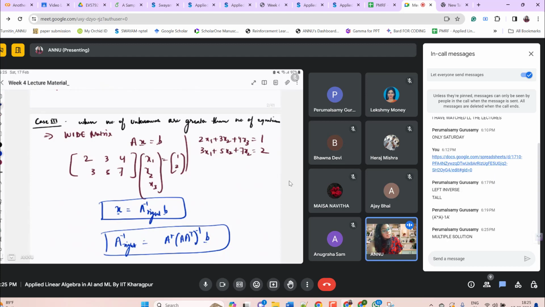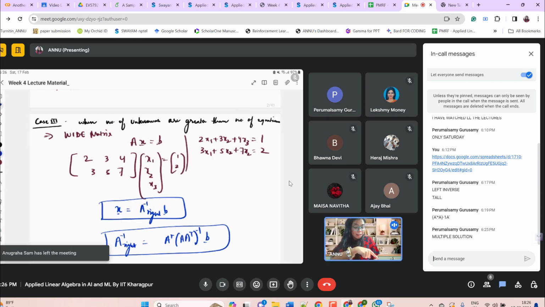Multiple solutions. Yeah, very nice. So Guruswami is correct: multiple solutions. You can see it from the equations. You will have 2 equations and 3 unknowns, meaning you can assume any value of x3 and solve for x1 and x2. Or you can take any value of x1 and solve for x2 and x3.